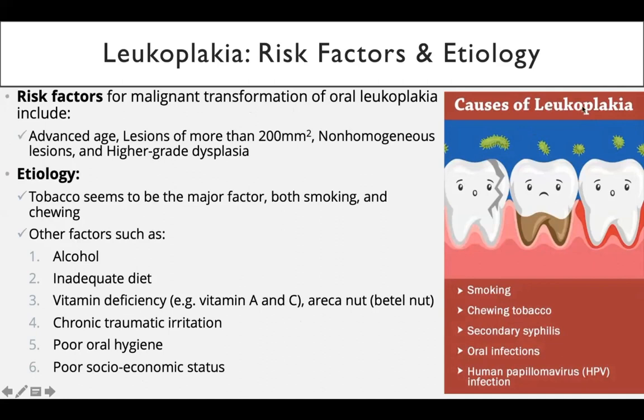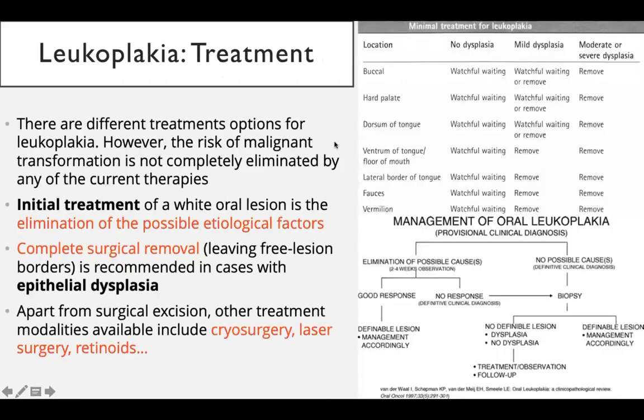And then we have causes of leukoplakia, which are smoking, chewing tobacco, secondary syphilis, oral infection, and HPV. So these are some of the etiology and the risk factors which can develop leukoplakia. And finally, these risk factors can turn a non-malignant or premalignant lesion of leukoplakia into malignant tissue.